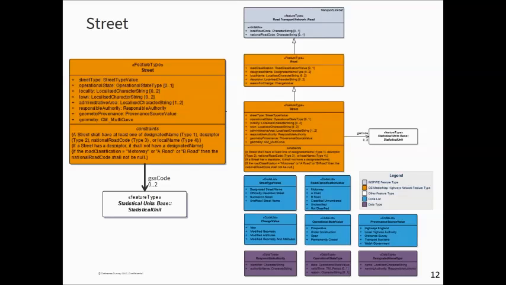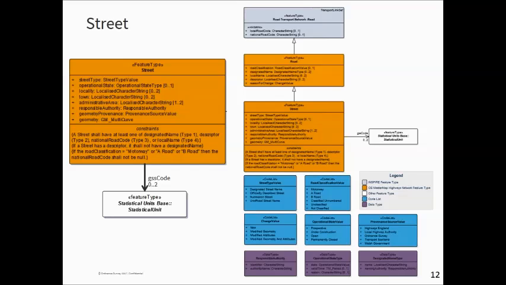And the very important attribute, which I kept mentioning, is the street type, which again relates to all the other attributes, and is the classification of the type of street from the National Street Gazetteer.